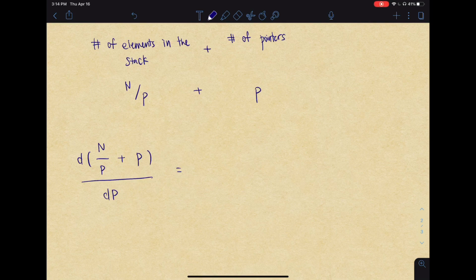So this differentiation should equal 0 because we're trying to find a minima, and this equals minus n over p squared, plus 1. So we can solve this as p squared equals n. Then we have p equals root n.